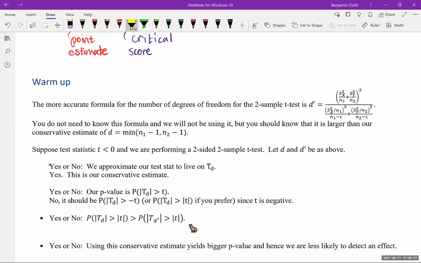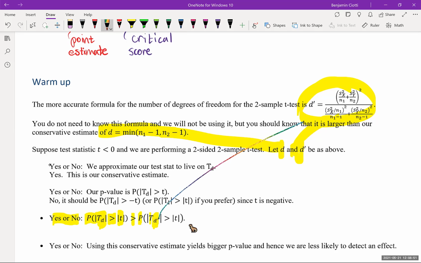Next question has to do with the 2 possible values of degrees of freedom. Yes or no? The probability that a t distribution with d degrees of freedom is an absolute value greater than the absolute value of our test statistic is greater than the probability that a t distribution with d prime degrees of freedom is an absolute value greater than the absolute value of our test statistic.